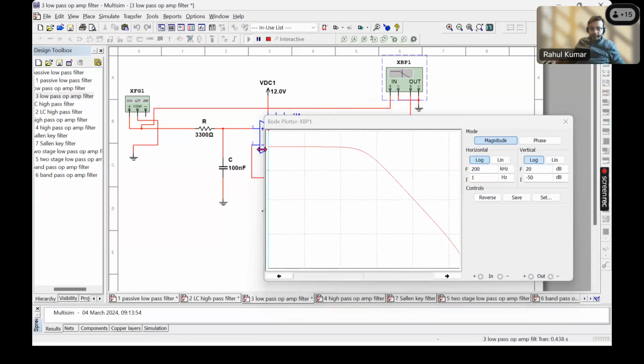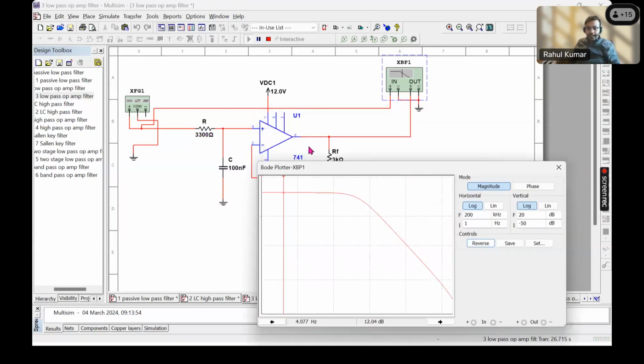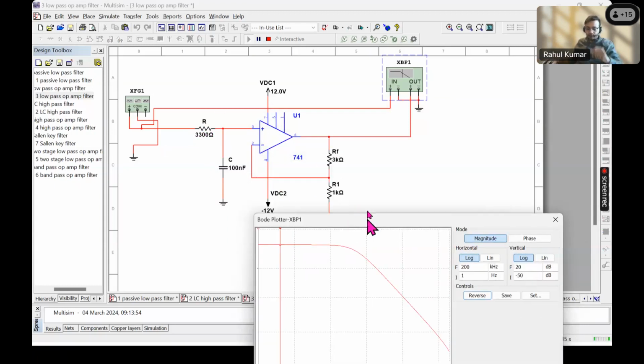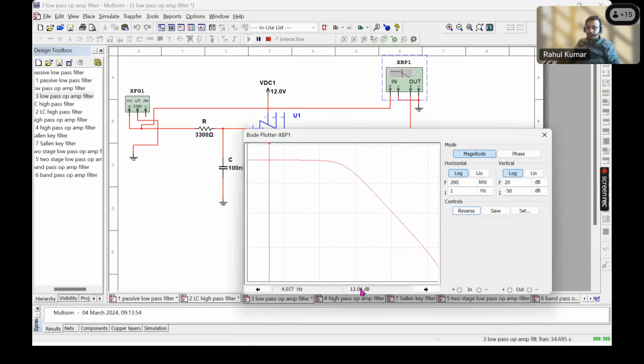If we run the circuit, we get this type of response. In the low frequency region, as you can see, we are getting 12.04 dB. With the RC passive filter, we were getting around 0 dB. But for the active filter with the current component values, we are getting 12 dB, quite close to what we calculated.